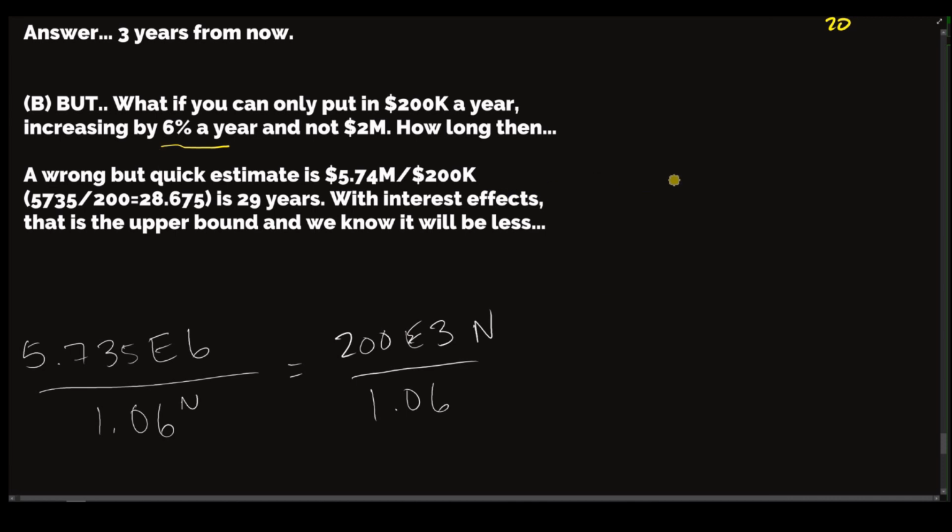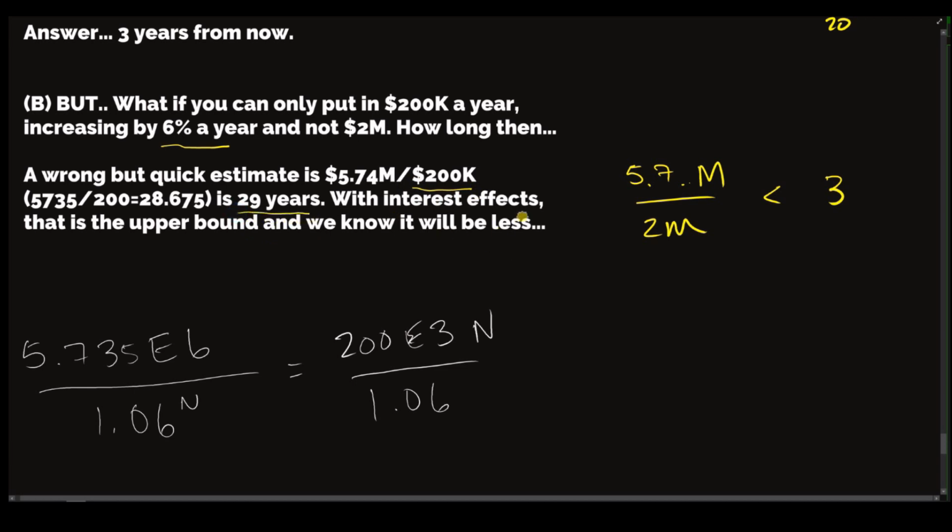Remember before, I knew it was 5.7-some million and I was going to put in 2 million, so I knew it was going to be less than 3 years. Now I could do the same here, but instead of 2 million, it's 200,000.